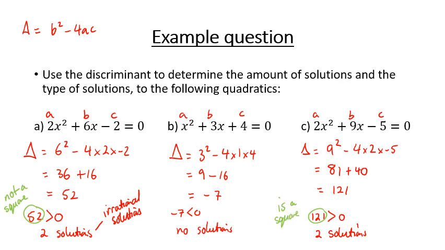So therefore, our two solutions over here are going to be rational solutions. So if we end up with a number greater than 0 and it's a square number, we get two solutions that are rational. If we end up with a number greater than 0 that is not a square number, we end up with two solutions that are irrational.